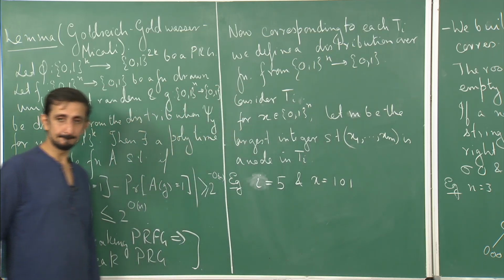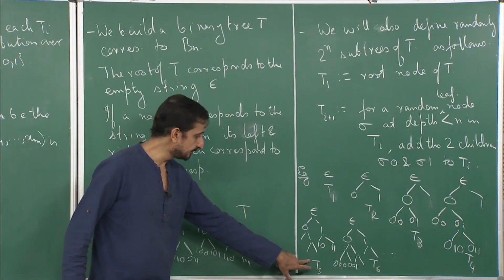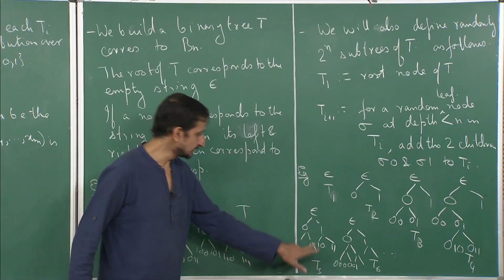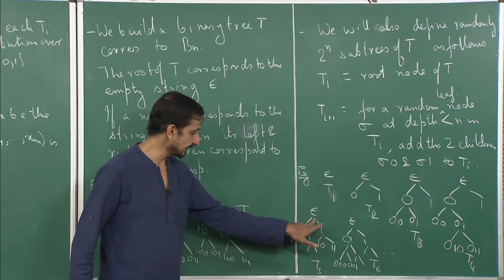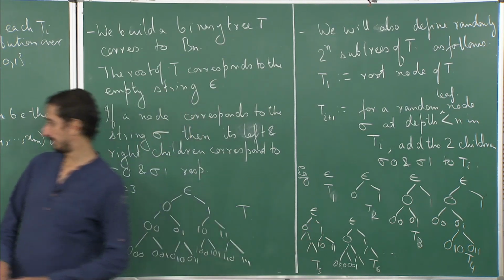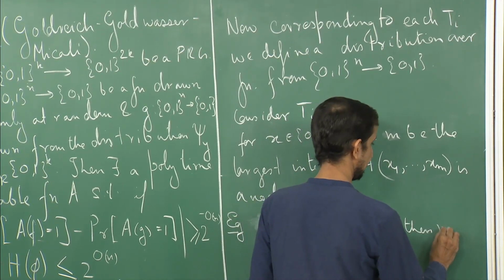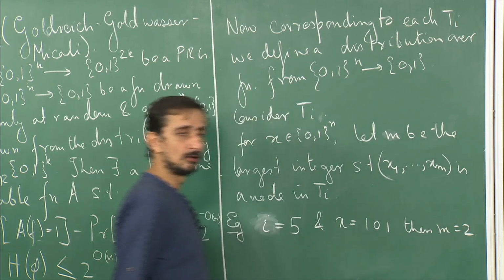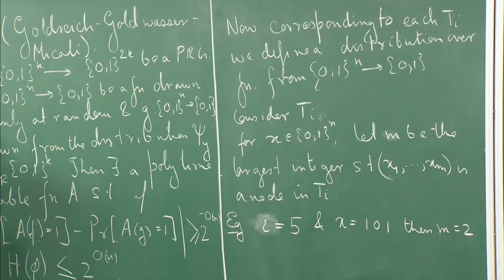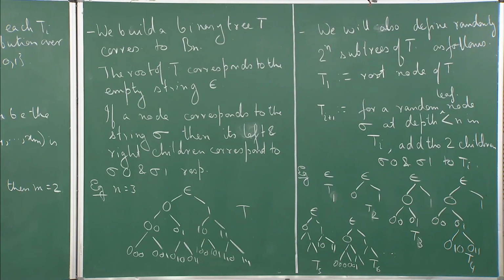Okay. Then what is m? So look at T5. Okay, look at where 101 is. So basically if I actually trace 101, I only go up to depth 2. Okay, so in this case m will be equal to 2. Right. Now of course the minimum that m can be is 0 and the maximum that m can be is equal to n.